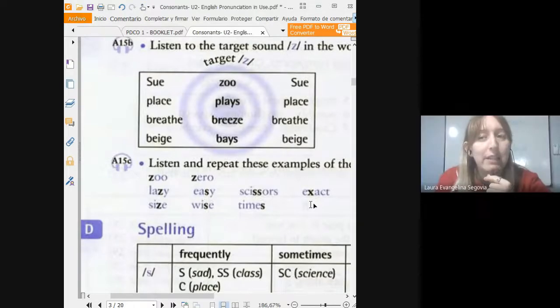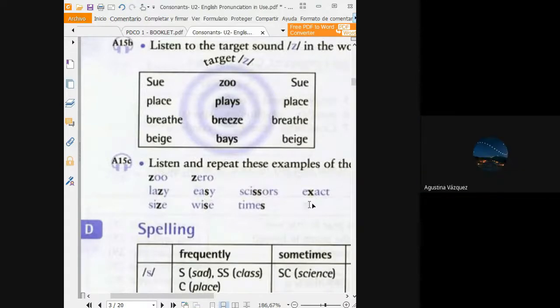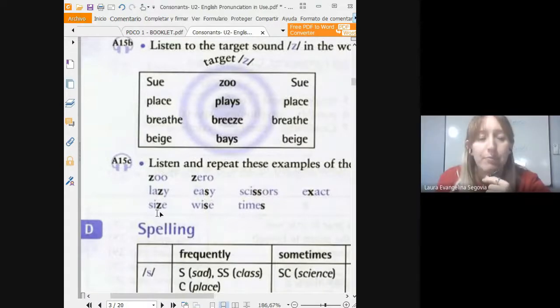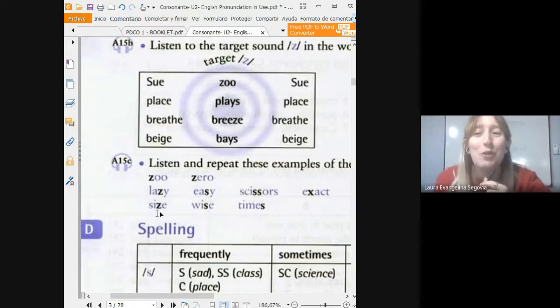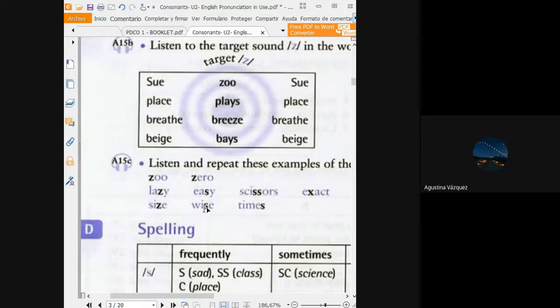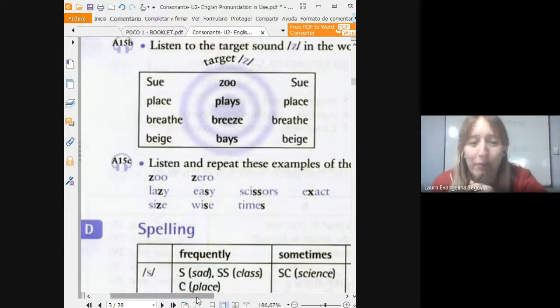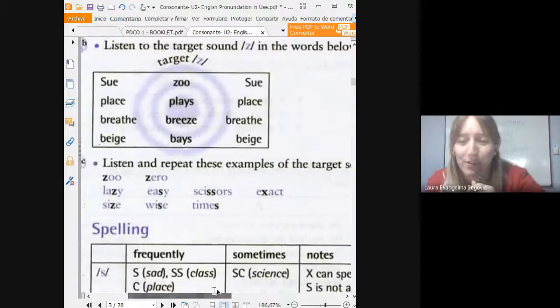Okay. Size. No, the other way around. You're adding two Zs. Size. That's it. Wise. Good. Times. That's it. Perfect. Very good, Agus. Thank you.